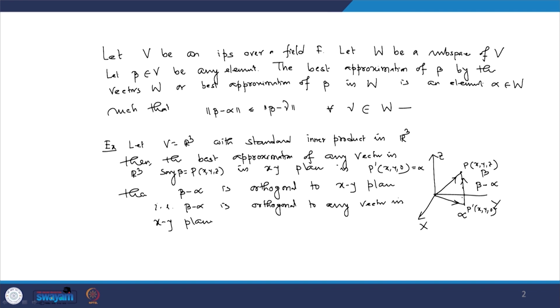Now you can see this concept will remain valid for finite dimensional vector spaces, that if alpha is the best approximation to the vector beta, then beta minus alpha will be orthogonal to any element of W. This concept will remain valid for finite dimensional spaces, but for infinite dimensional spaces it may not, because in that case the existence of the best approximation is also questionable in some cases.